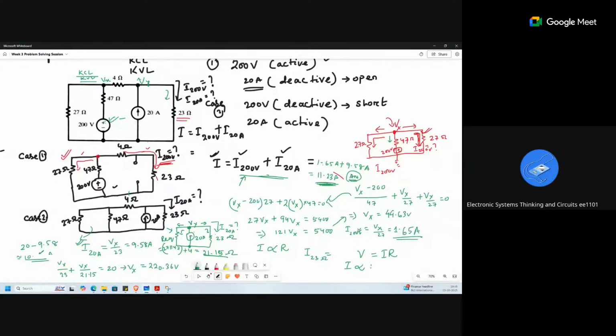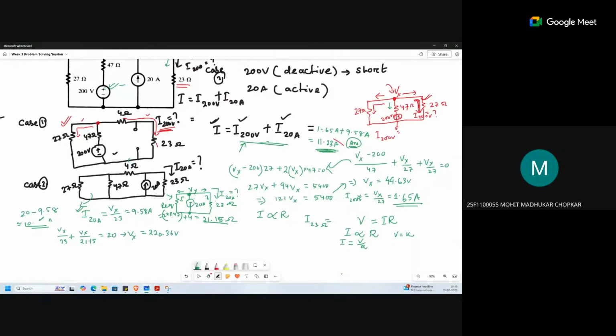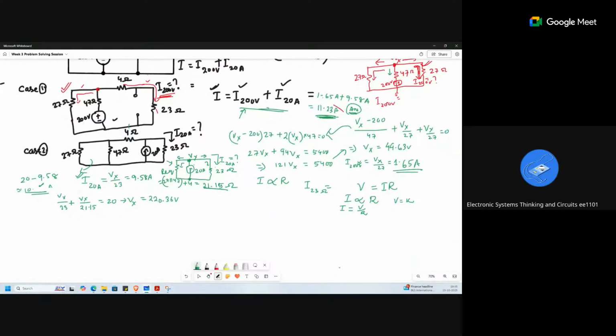I is equal to a proportionality constant times V over R. They also explain with the power formula P equals I squared R, in which if I is doubled, I squared is taken.